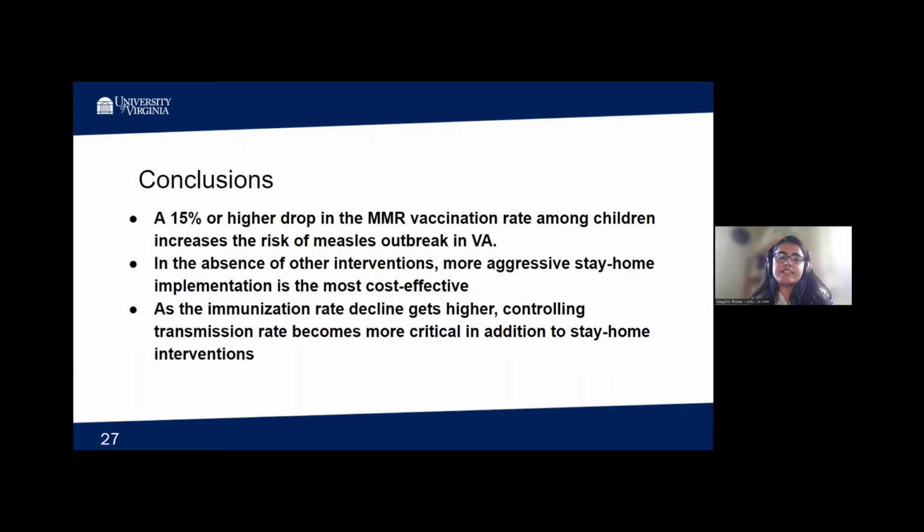And finally, as the immunization rate declines, so as alpha gets higher, controlling transmission rate also becomes more critical, because each additional effort in reducing transmission resulted in a much higher benefit.